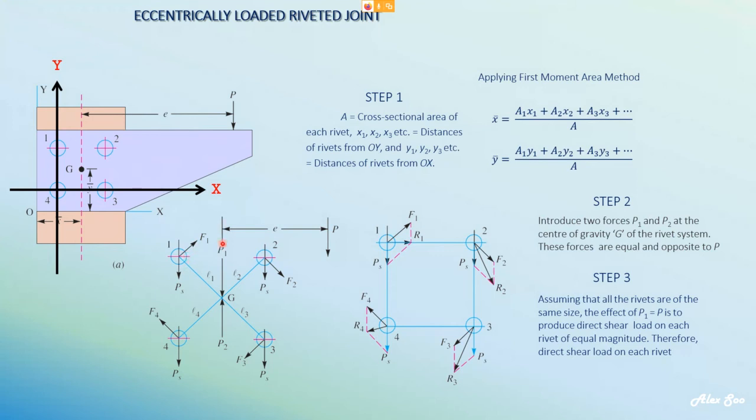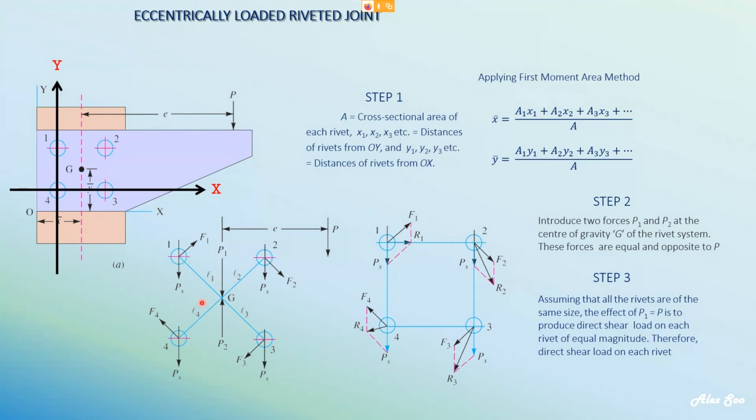So that is why when you look at F1, F2, F3, and F4, they are going in the clockwise direction. And make sure these arrows, F1, F2, F3, and F4, are 90 degrees to these L1, L2, L3, and L4. These L's here are called radial lengths.